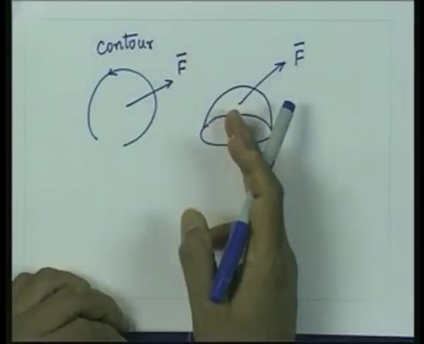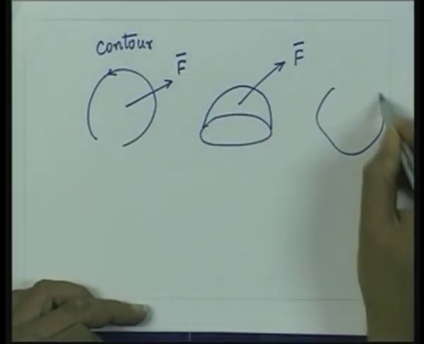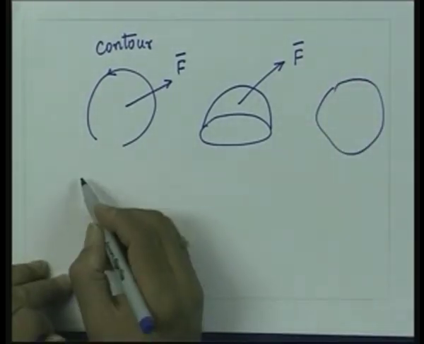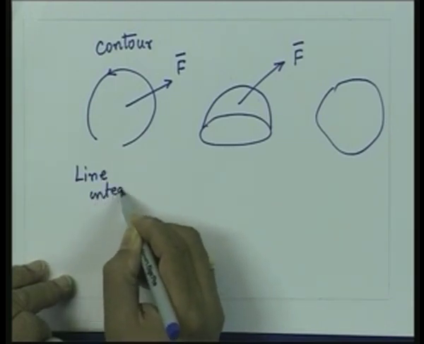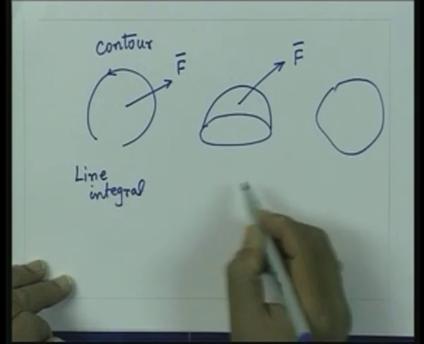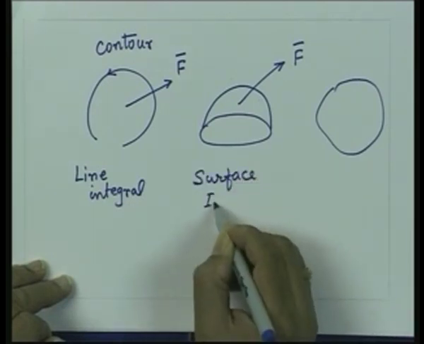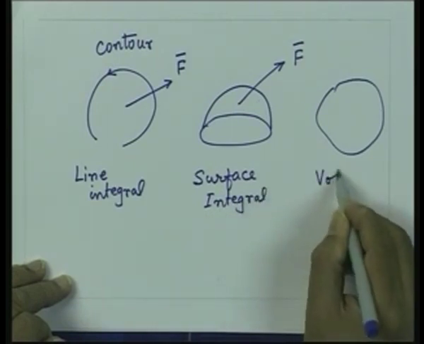Then we have important theorems which connect the line integral to the surface integral and surface integral to the volume integral. So, if I have a volume here, I will have the integration over the volume. So, I have here line integral, I have surface integral, and I have volume integral.